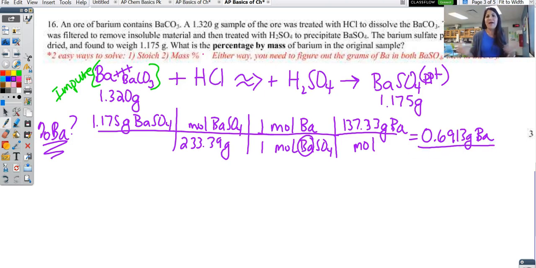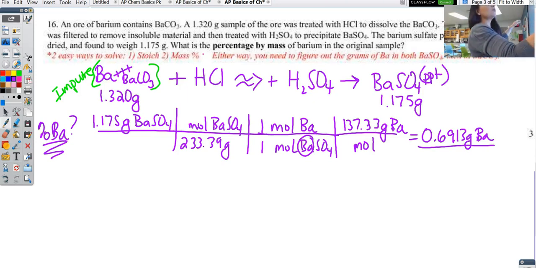So I'm just going to divide by the total and get the percent. Remember, for percents of anything, you always take X, what you're looking for, what I'm focusing my eyes on, divided by the total. So if I was talking about how many people were wearing hoods in the room, I would count how many people have hoods, let's say it's 5 people, and then 30 people total in the class. I would divide and then multiply by 100, and that gives you your percent. Otherwise, you have a fraction, okay?